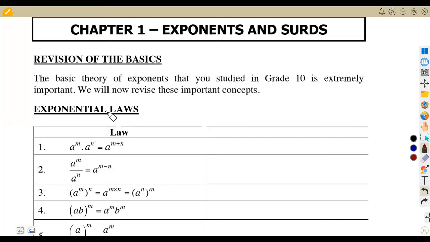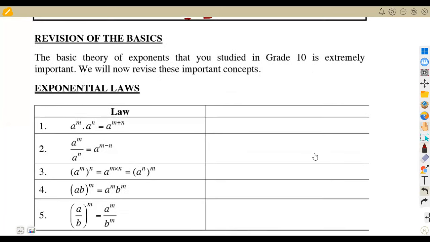This is one of the most important topics in our syllabus, working with exponents. Actually, it's exponents and sets, but in this part, we shall be focusing on the exponents. For the basics of our revision, I want you to watch the videos I've made on mathematics for grade 10 so that you can revise the exponents, how to apply these laws and so forth.